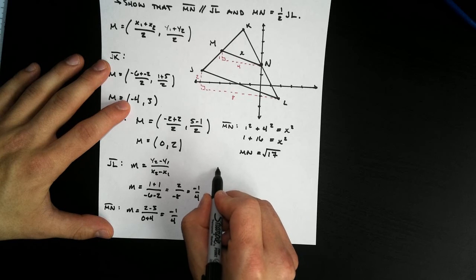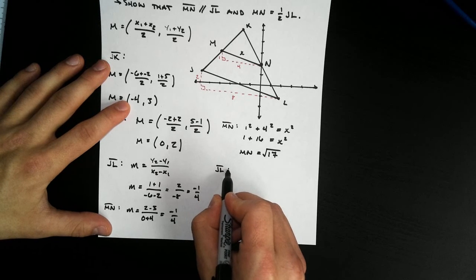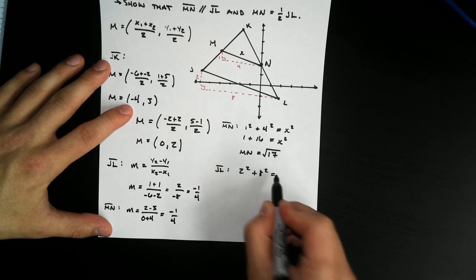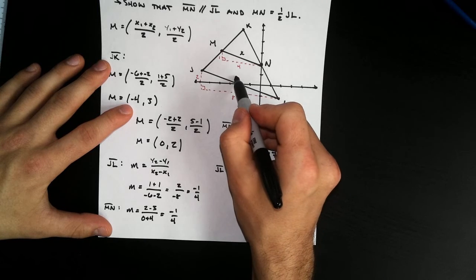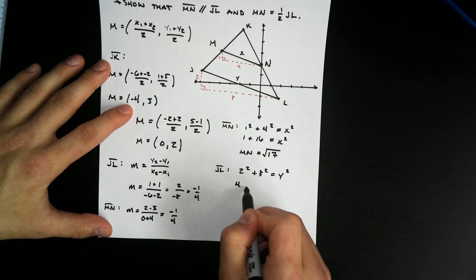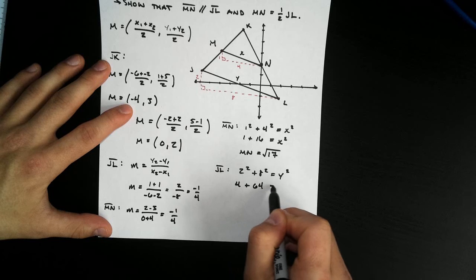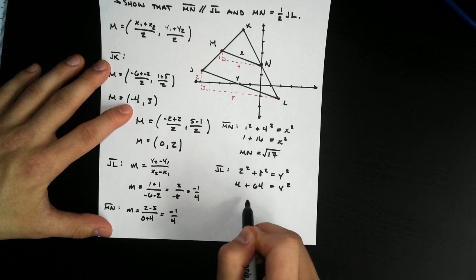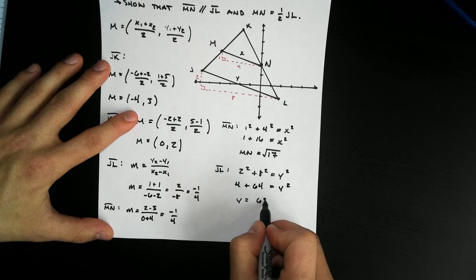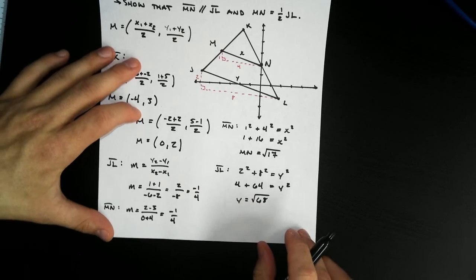And now doing the same thing for JL, we have 2 squared plus 8 squared is equal to, and then why don't we call this one y. So 4 plus 64 is equal to y squared. So then we get y is equal to the square root of 68.